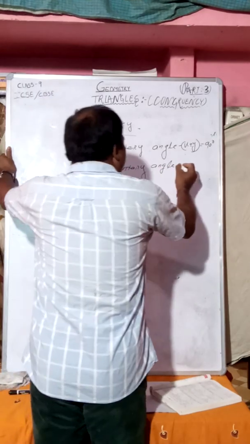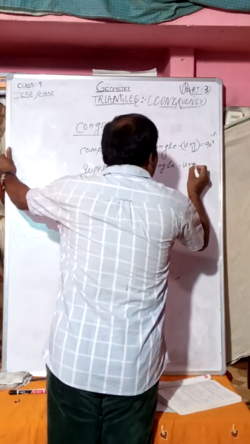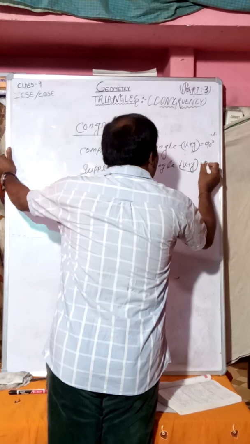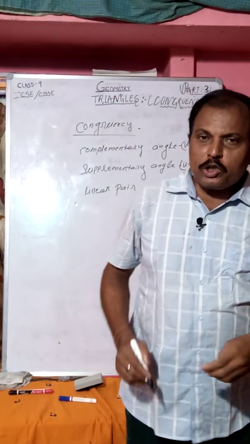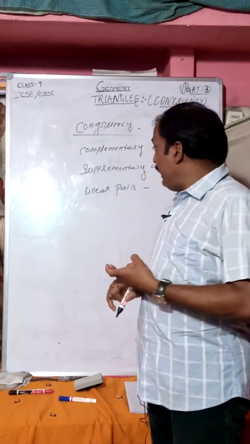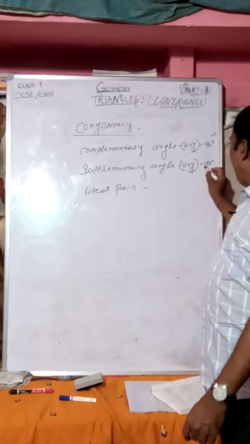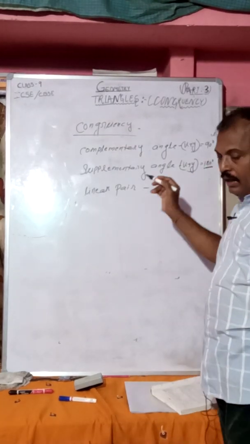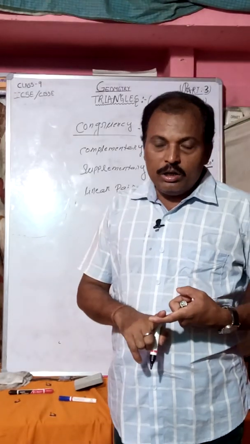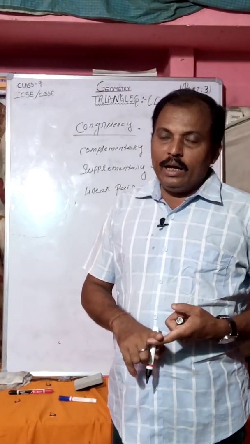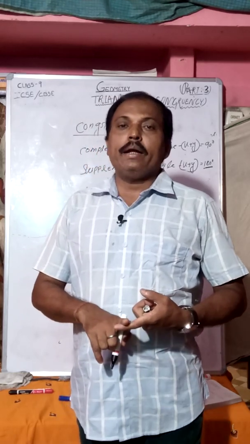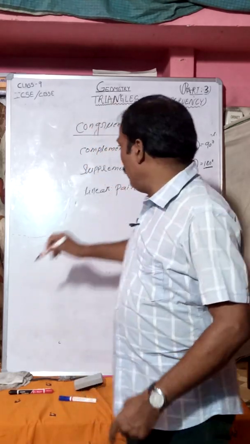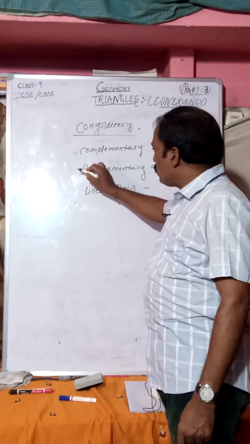Then supplementary angle: if x plus y is equal to 180 degrees, then x is called the supplementary angle of y and y is called the supplementary angle of x. Complementary angle, supplementary angle.